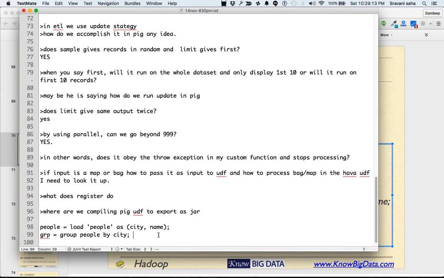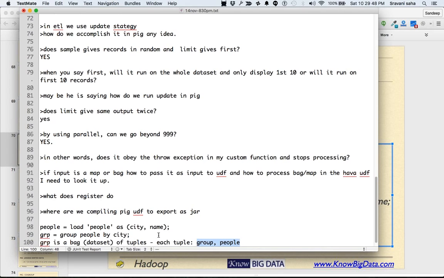Now what will be the data type of this group? Anybody? So group is a bag, or you can say data set, of tuples, where each tuple has got these columns. One column is group and other column is people.